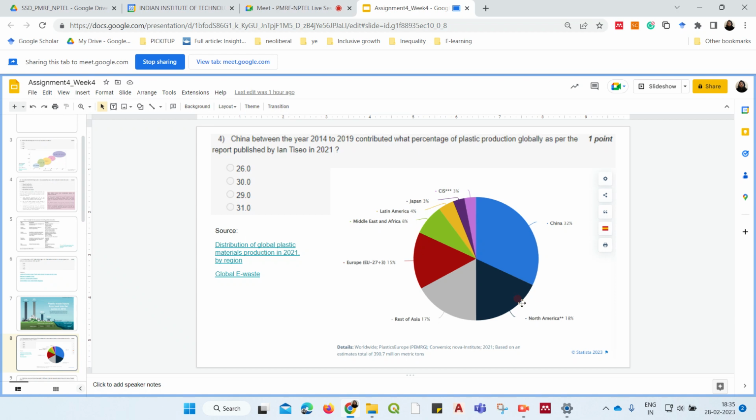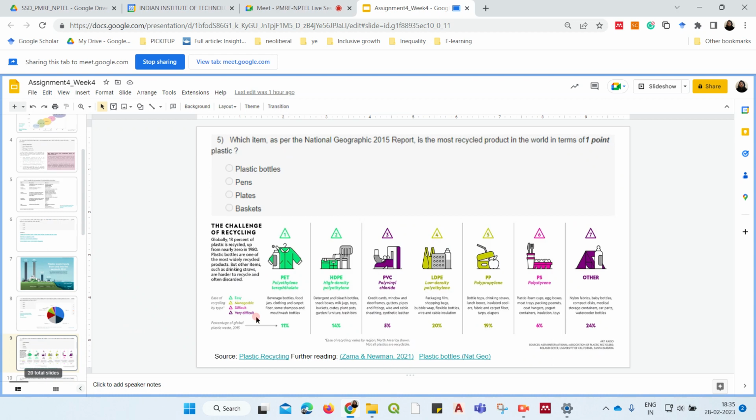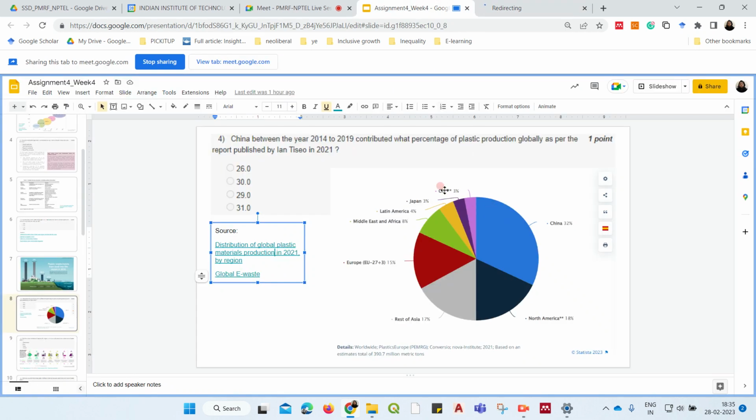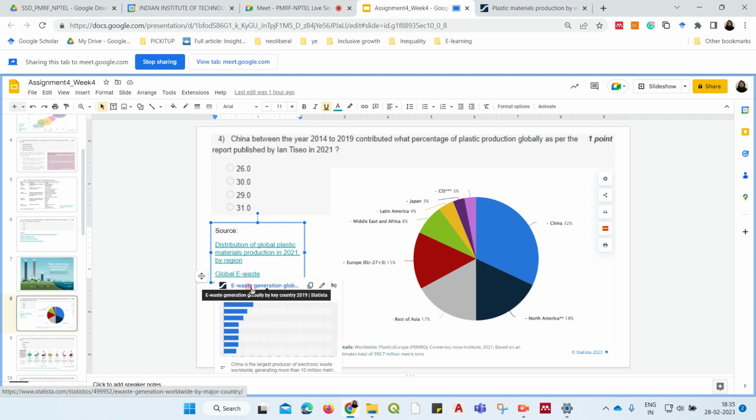The next question is: China, between the years 2014 to 2019, contributed what percentage of plastic production globally, as per the report published by NPTEL in 2021? I had an issue with this report. About the plastic production, I could not find the report by ENTCO, but I found the report by ENTCO on e-waste generation.